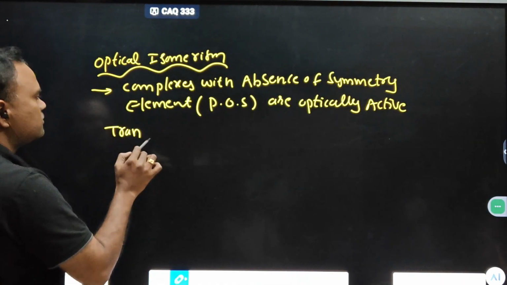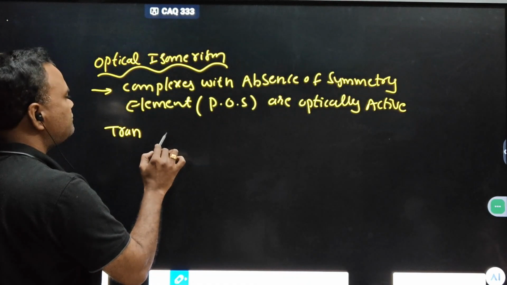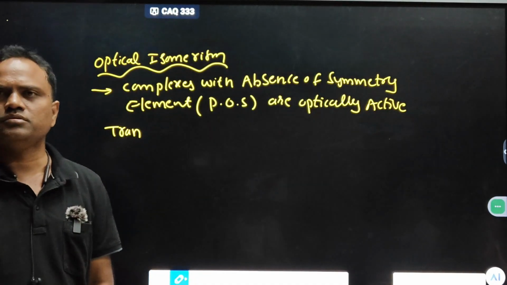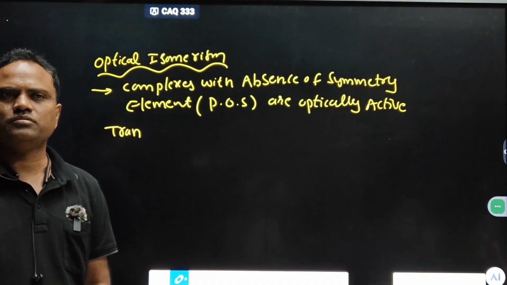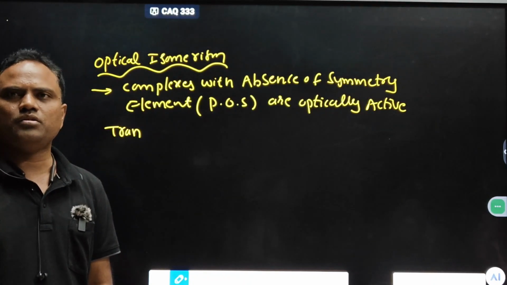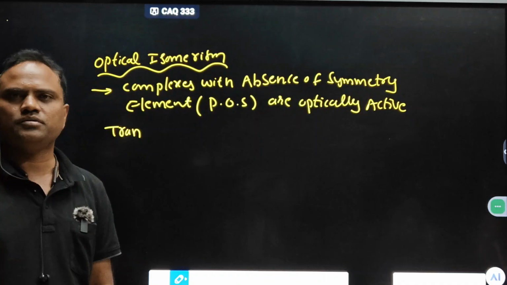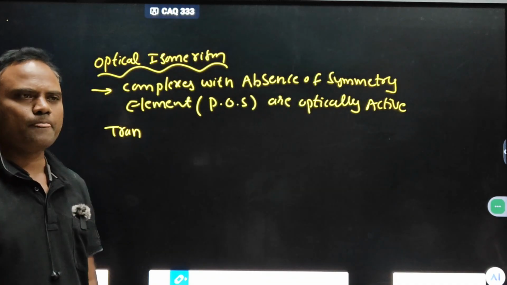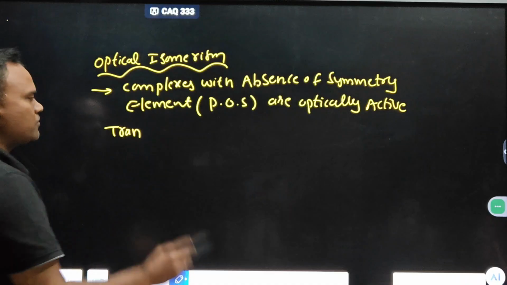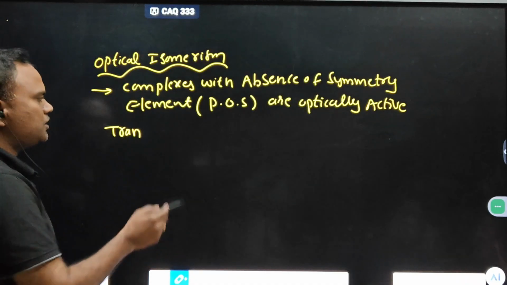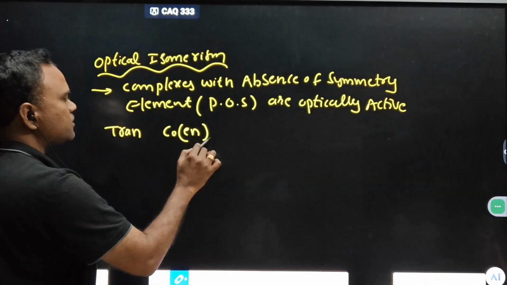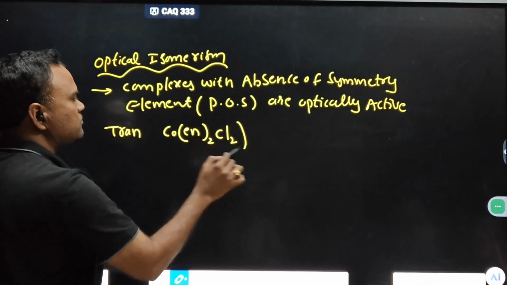Okay, see one example. Trans. We'll discuss that later. See, trans, Co(en) taken twice, Cl2.